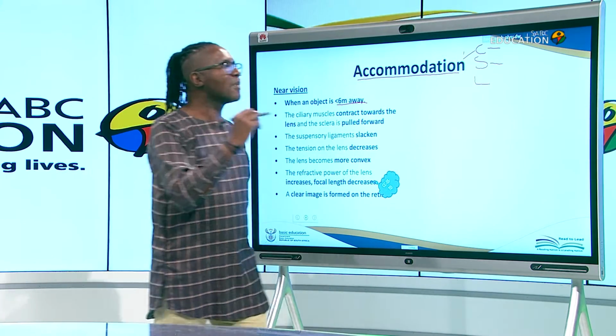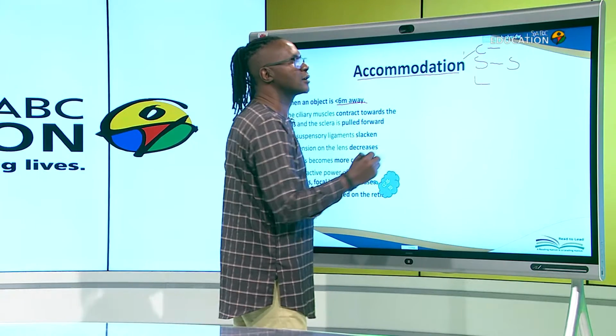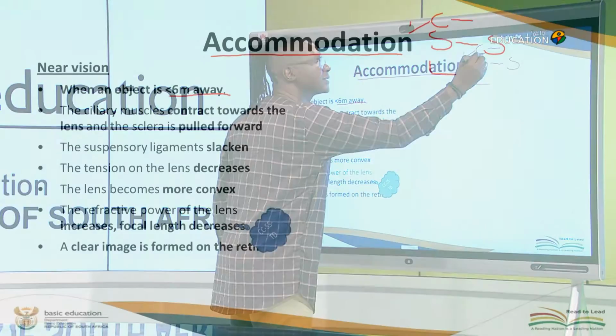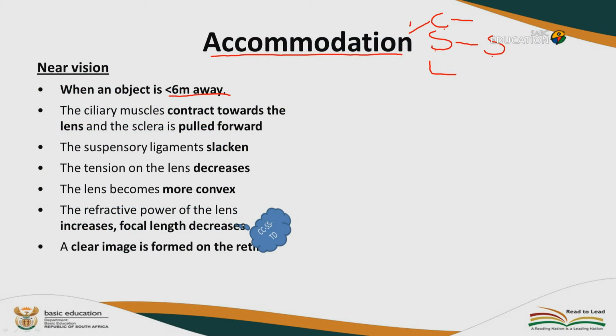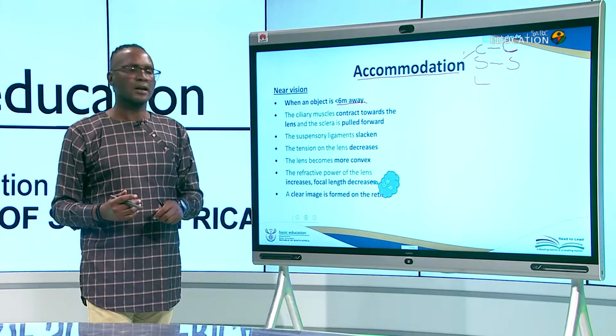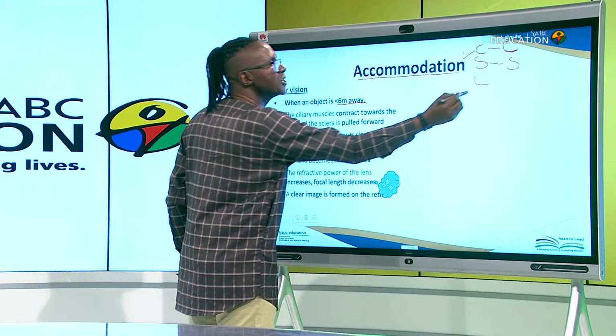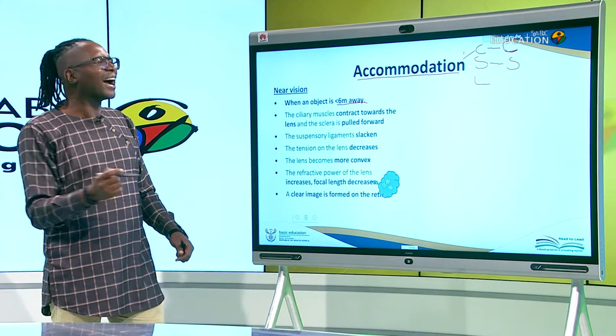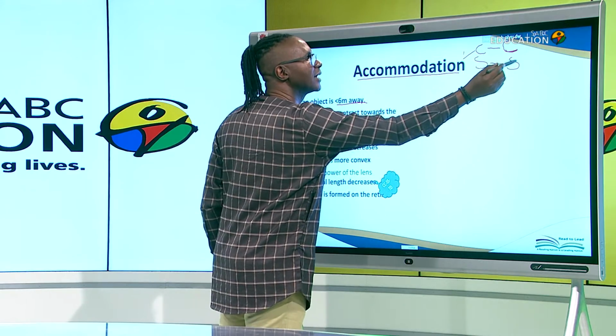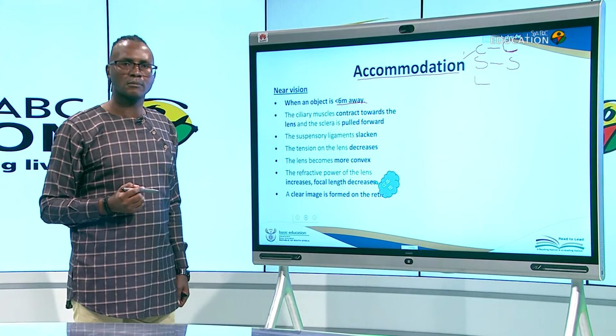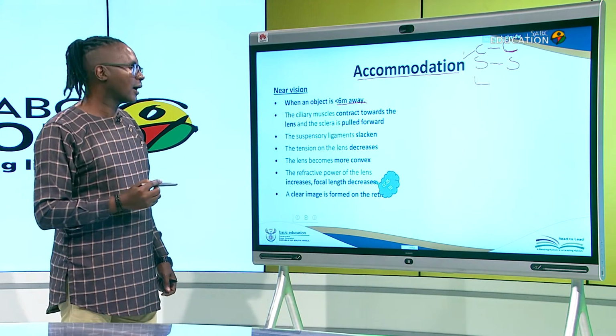Then the tension on the lens decreases. There's no tension because the suspensory ligaments have slackened.